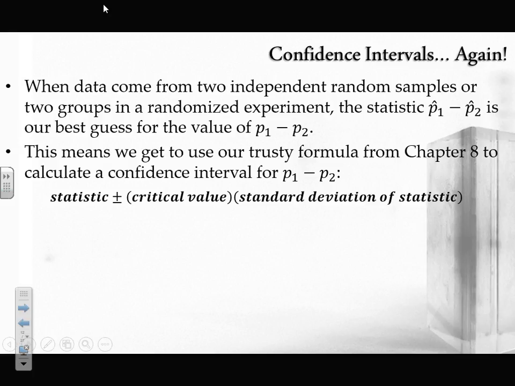So we go back to our formula from chapter 8. So we have our sample statistic, plus or minus the critical value. Z star, T star, those are the critical values, but what do we have to use in order to determine which critical value we're working with?